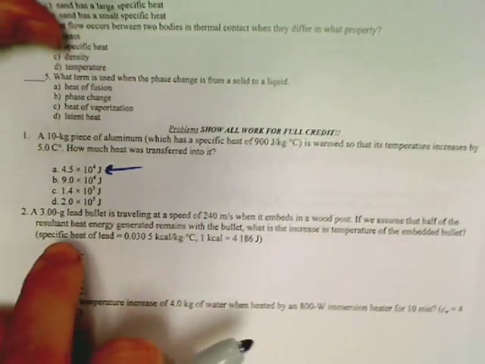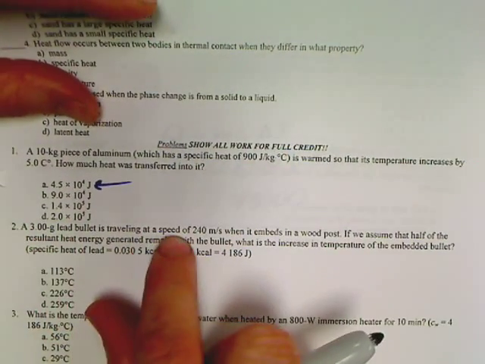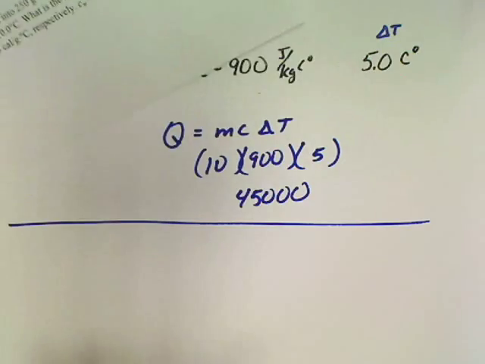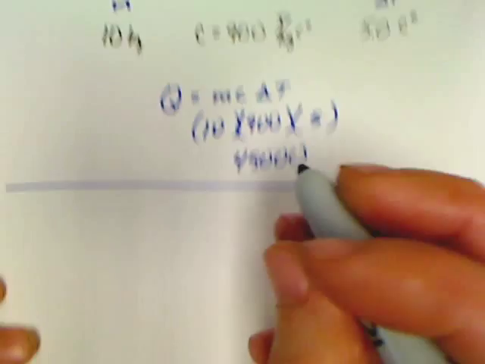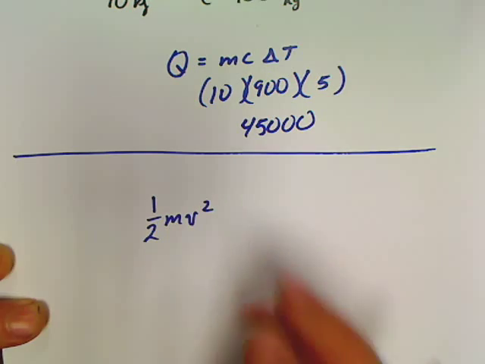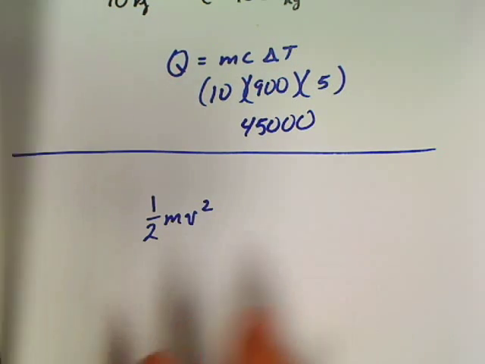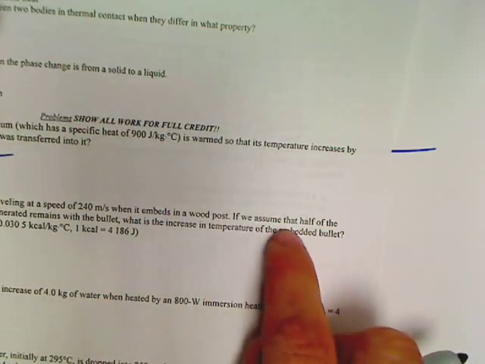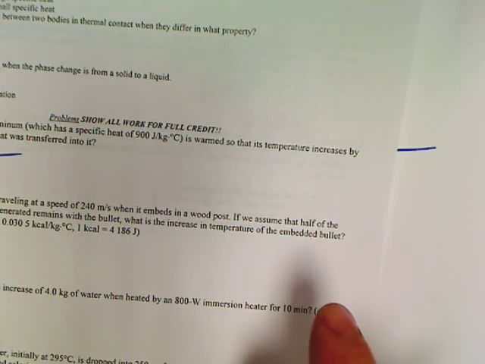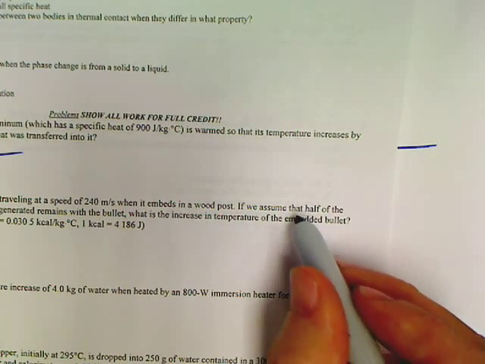The next one says a 3-gram bullet is traveling at a speed of 240 meters per second. Wait a second. A bullet traveling with a speed, that's a 1/2 mv squared. That bullet's got kinetic energy. And it says this bullet gets shot in a wood post. Now this is big.